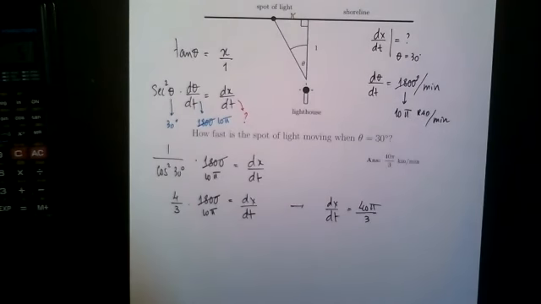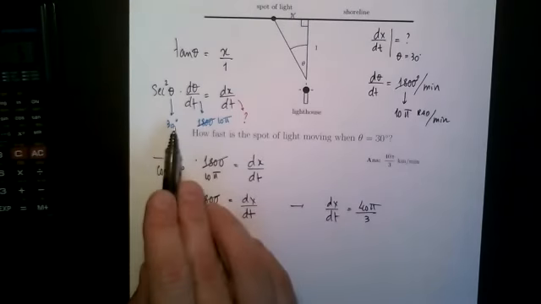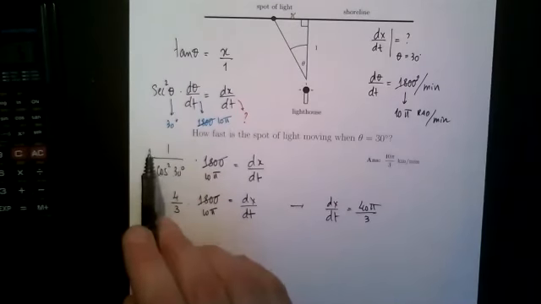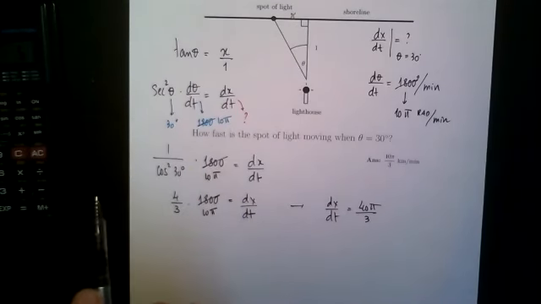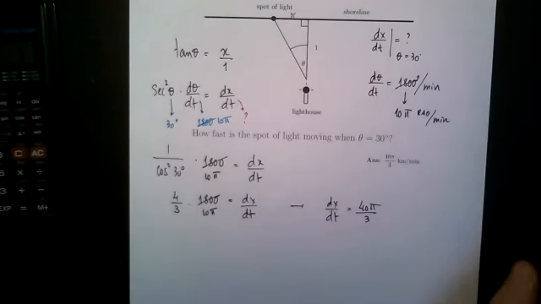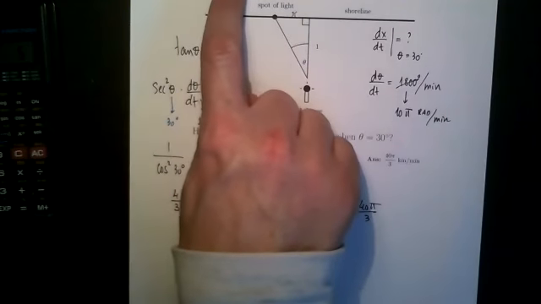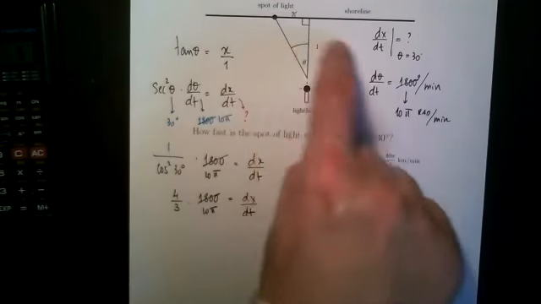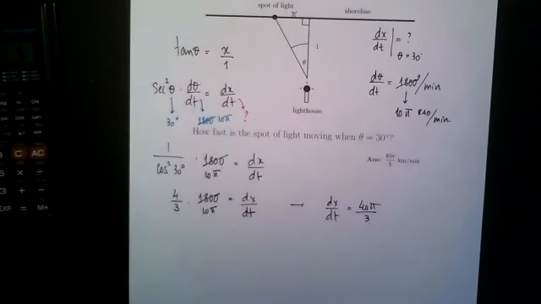But then why can we plug in 30 degrees into the secant squared? It doesn't matter. You could write pi over 6 instead of 30 degrees and turn your calculator to radians, and you'll still get root 3 over 2. As long as you switch your calculator, it doesn't matter. So how do I get 10 pi? It's 5 turns per minute, and each turn is 2 pi. So 5 times 2 pi.